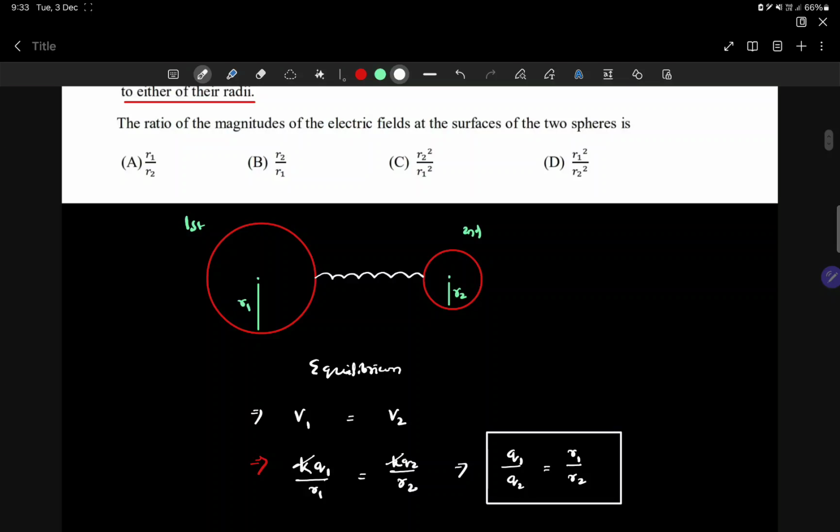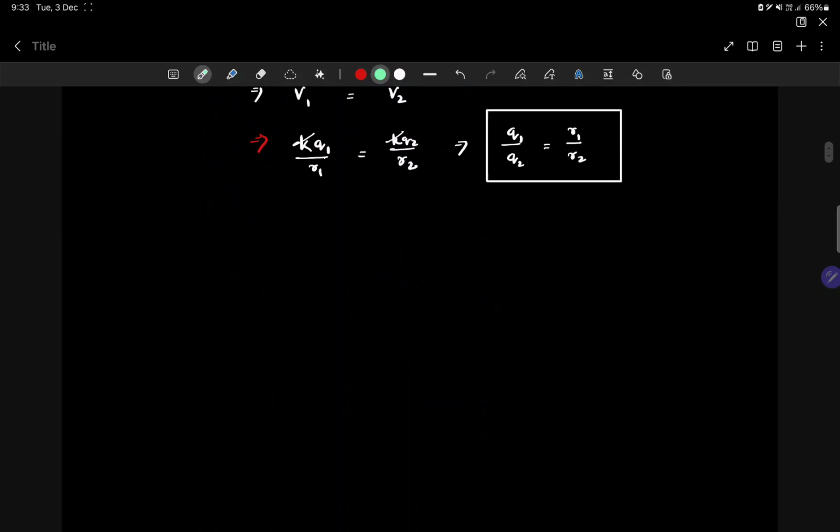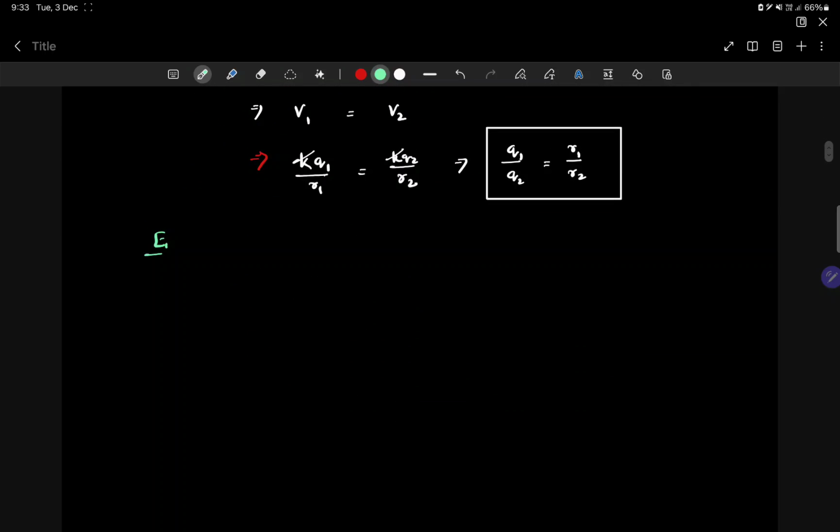And as per the question, find the ratio of magnitude of the electric fields at the surface of the two spheres. That means we have to calculate E1 by E2. What is the electric field intensity due to first sphere? It will be KQ by R square. That means KQ1 by R1 square divided by KQ2 by R2 square.